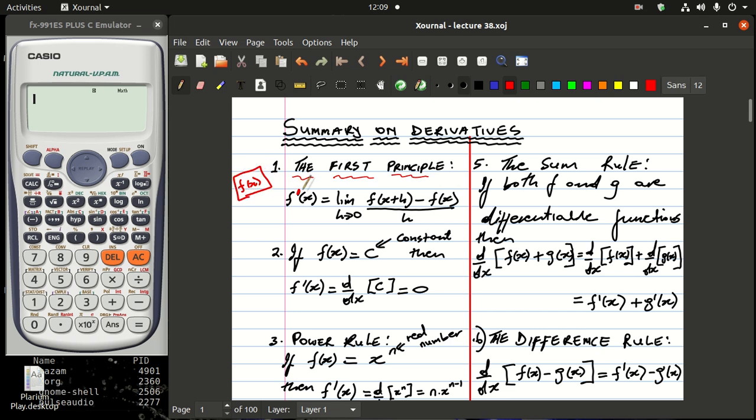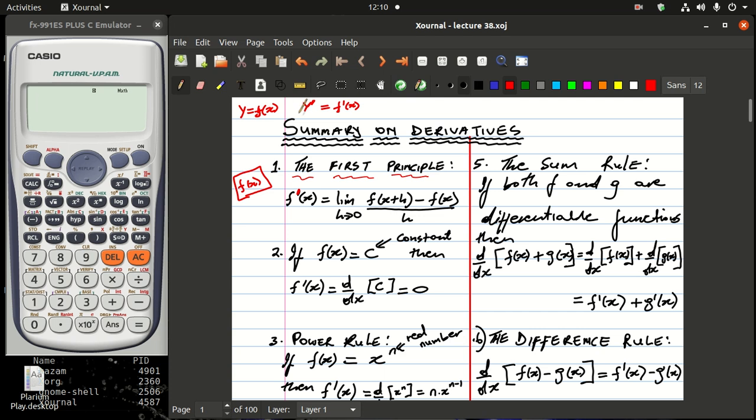if there is one little prime there. If there are two, which means we want to find the second derivative. And sometimes, instead of writing f of x, if let's say we are given some function y equal to f of x, we can say that y prime, with one prime here, is the same as f prime of x.